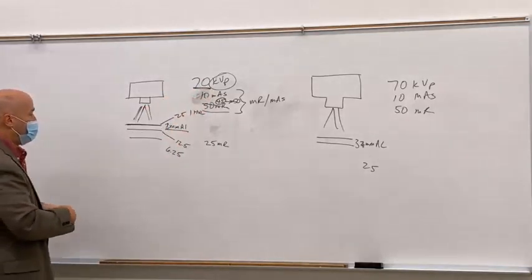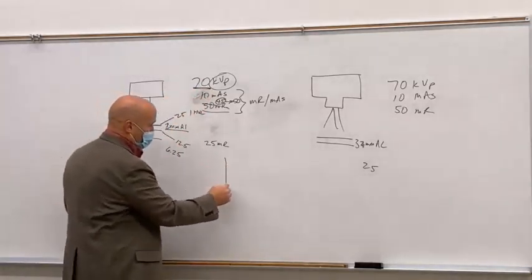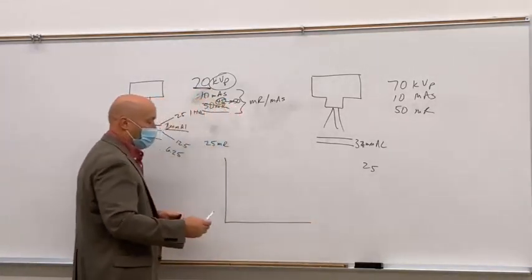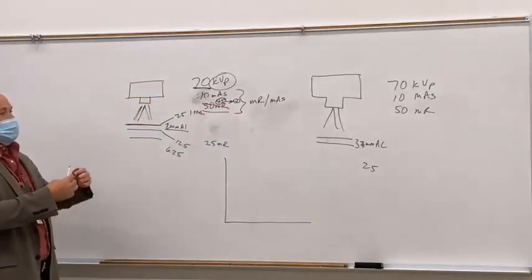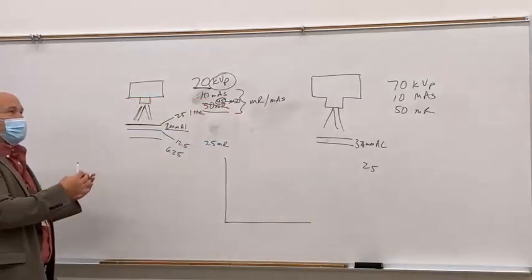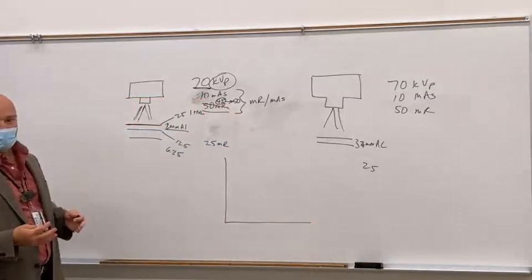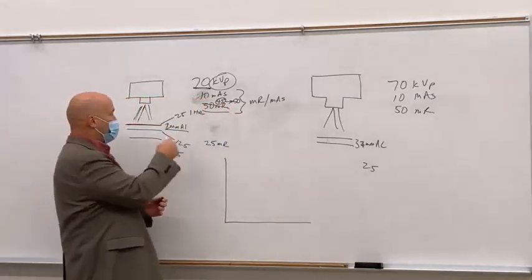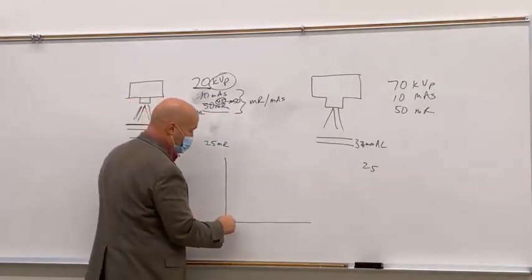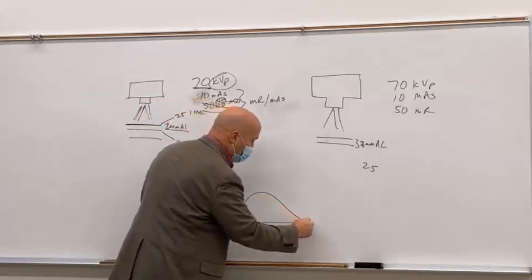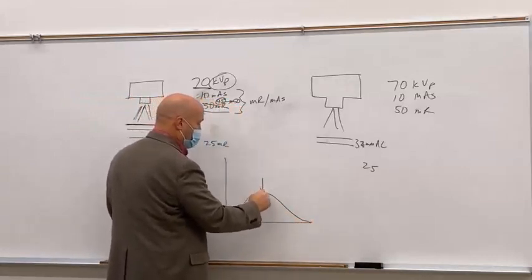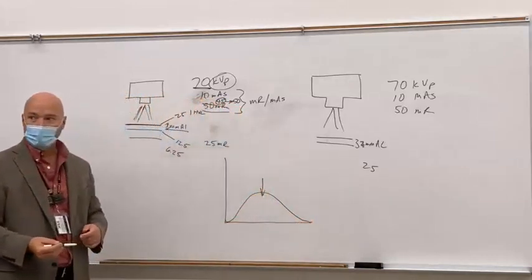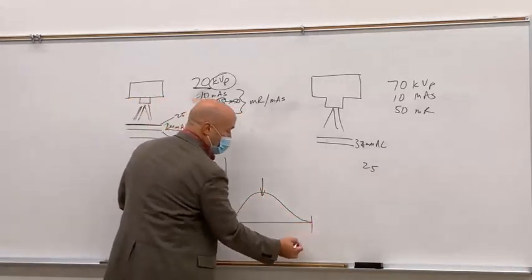If you were to graph out, again, it's getting way deep into the semester, the relative incidence of different energy levels of X-ray photons after they come out through all that filtration, it would look like this. So the average beam energy would be represented here. This is the highest energy.